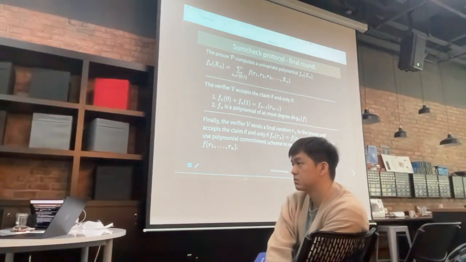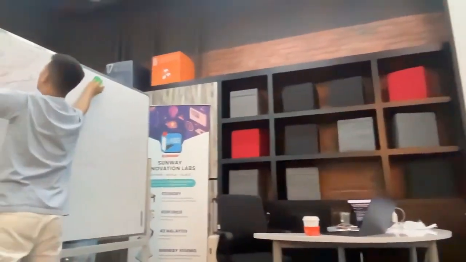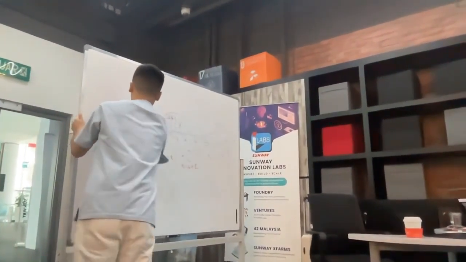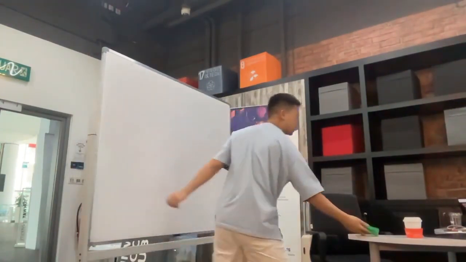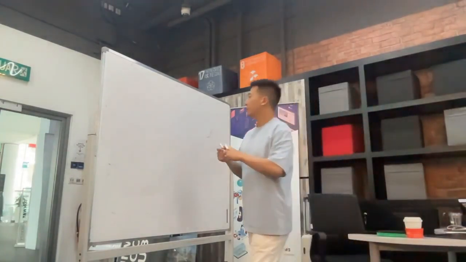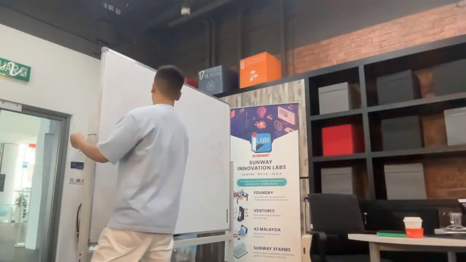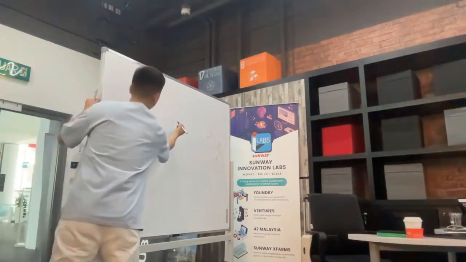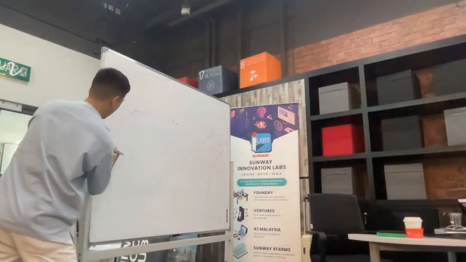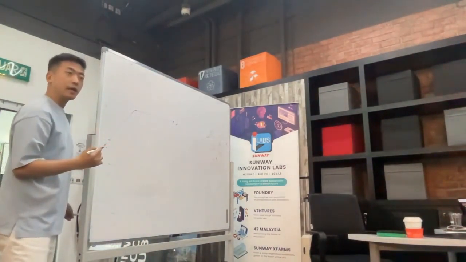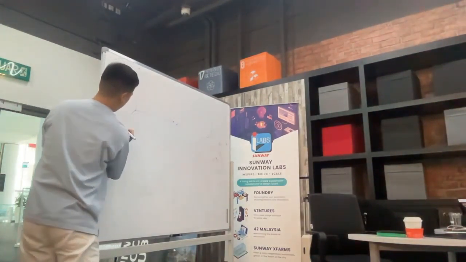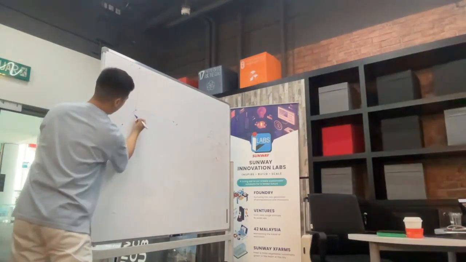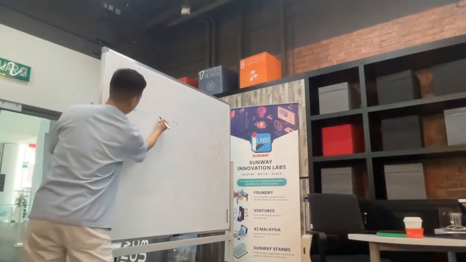Let's try to draw again from scratch. Okay. This is x1, x2. And let's say this is a polynomial plus 1, 0, 1.